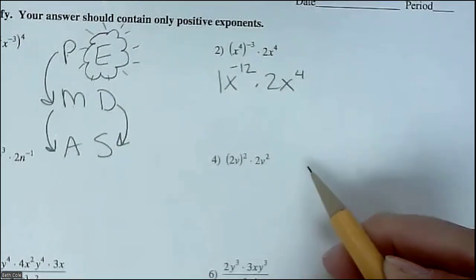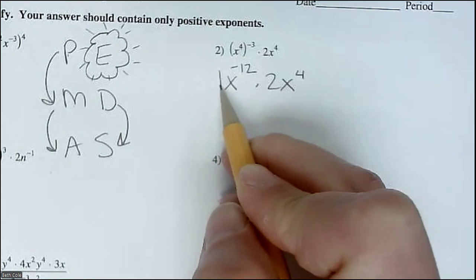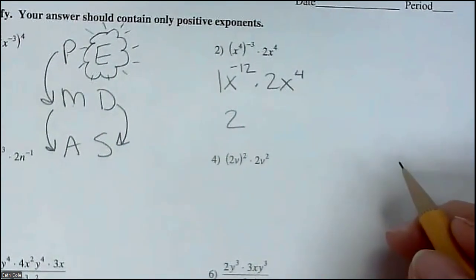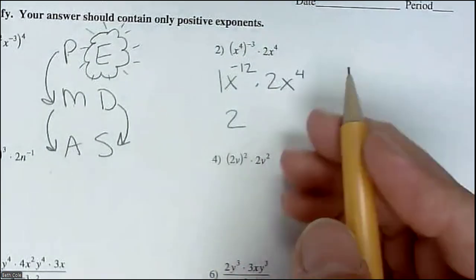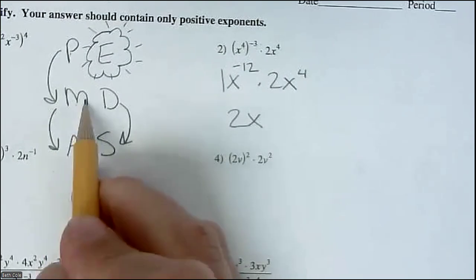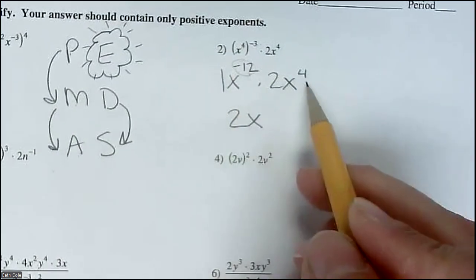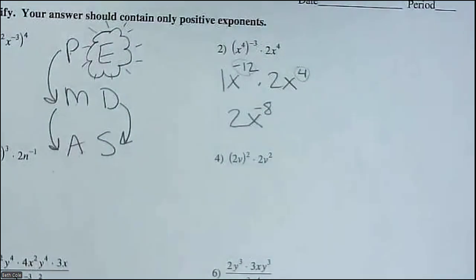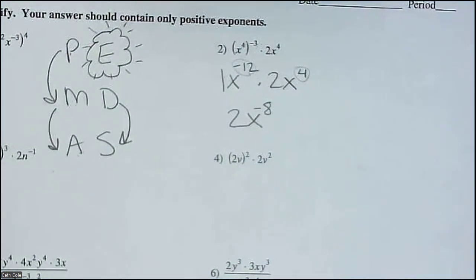A 1. So when you multiply 1 times 2, you get 2. 1 times 2 is 2. Good. Listen, when you multiply, you add your exponents. Do you see that? So we're going to do -12 plus 4, which is -8. But if you didn't know that, you would put it in the calculator.